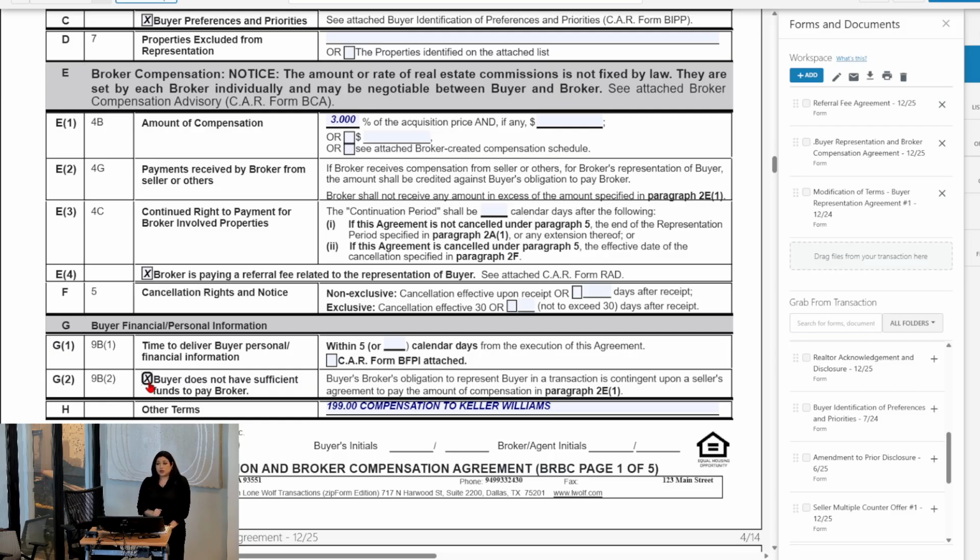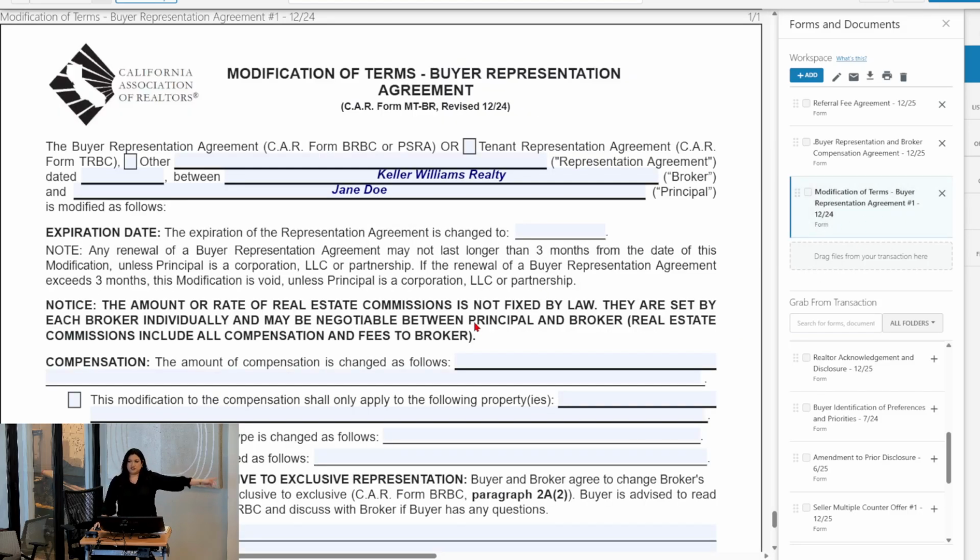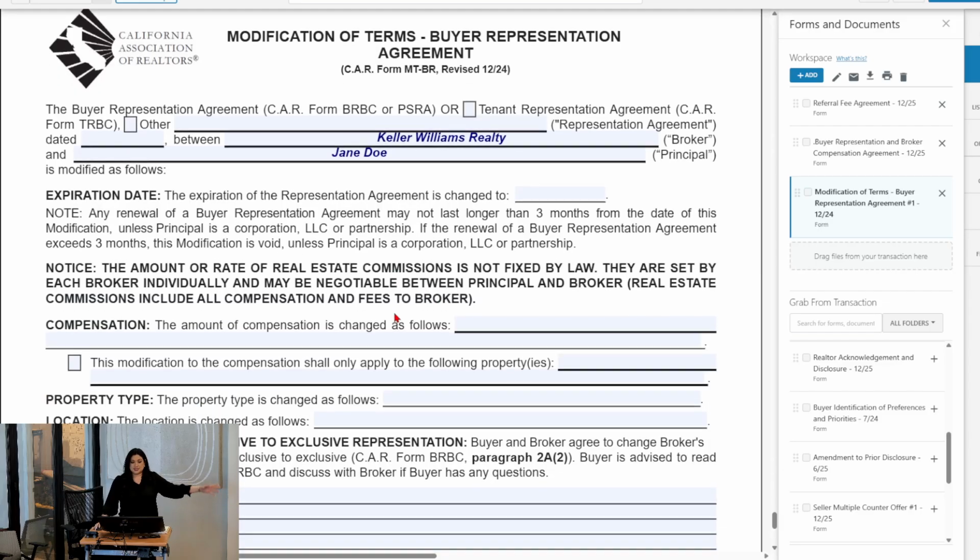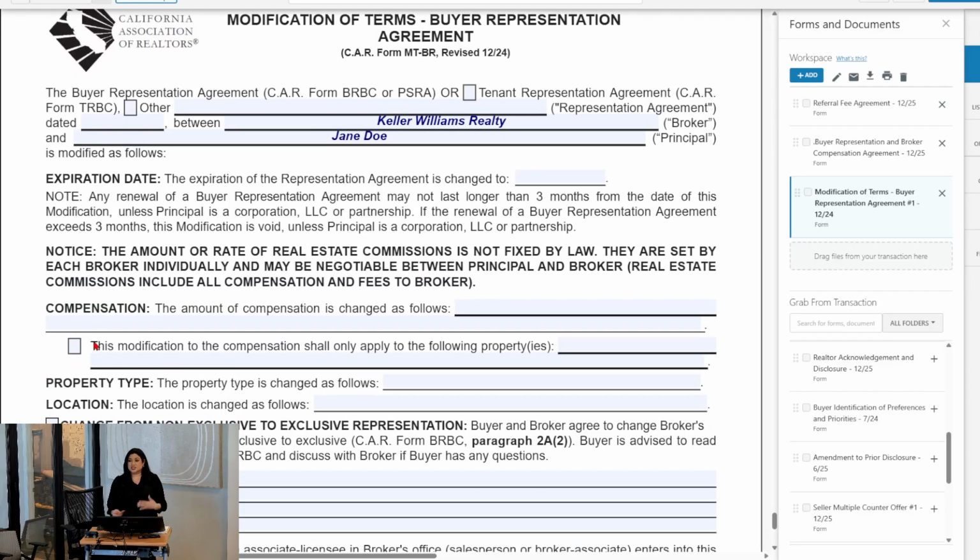Escrow is going to say, okay, then if your buyer can pay the 1% that's left, or whatever that is, they're going to ask you for this. You modify these terms, stating that the buyer is going to be able to pay for that difference. But these are conversations that you have in your initial meeting, your buyer consultation.